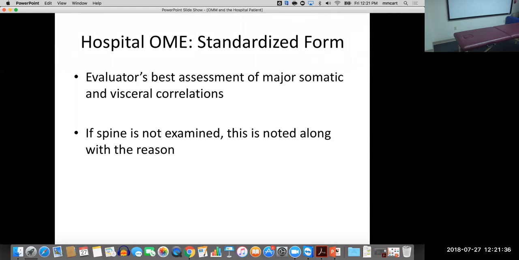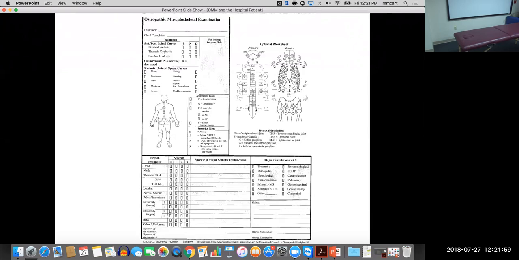Or they are in with pneumonia and you found some acute tissue texture abnormalities at T2 and 3 on the left, and they had a left lower lobe pneumonia. You might say, I think that those acute tissue texture abnormalities likely represent a visceral-somatic reflex. So that's the standardized form. And then again, if it's not examined, you're supposed to note why.